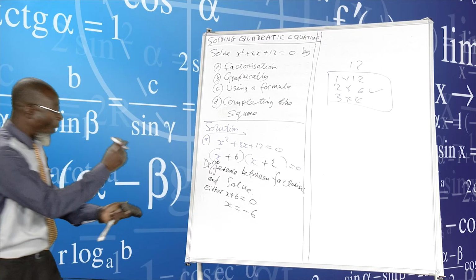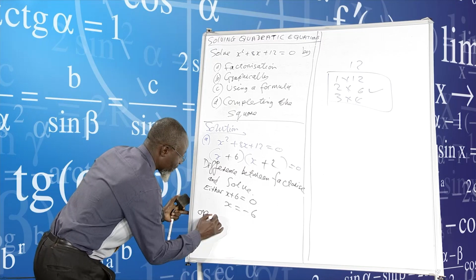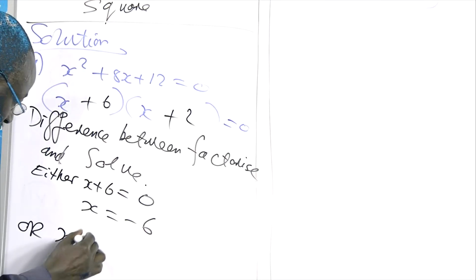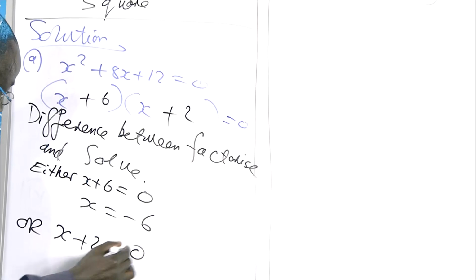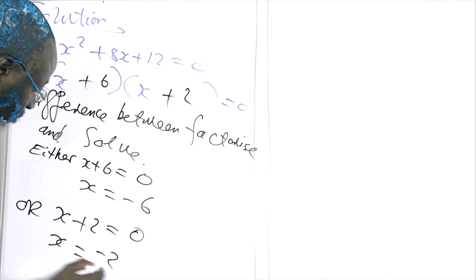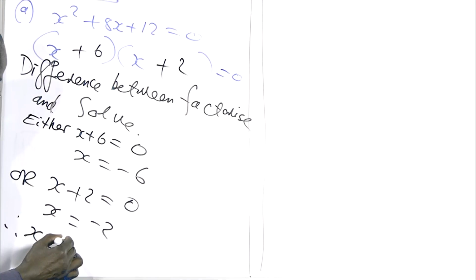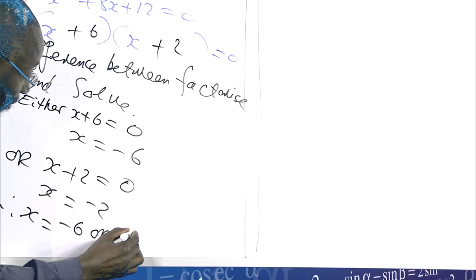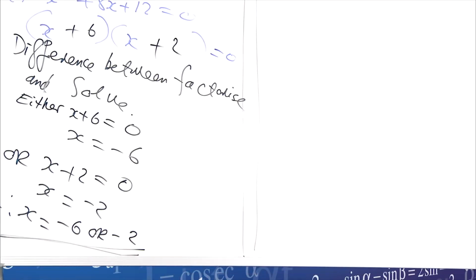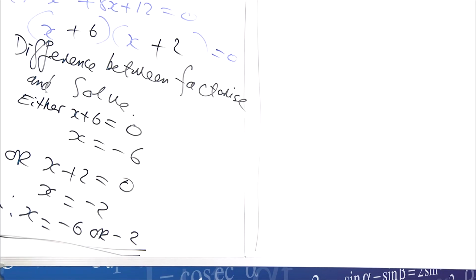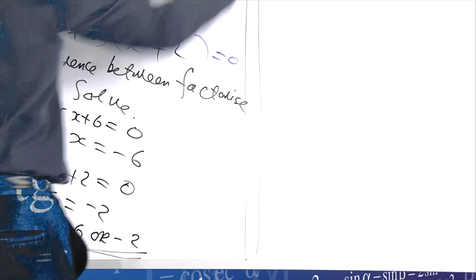Answer. Or x plus 2 is equal to 0, which means x is equal to minus 2. So therefore, x is equal to minus 6 or minus 2. Answer. So that's how we solve my equation by factorization.